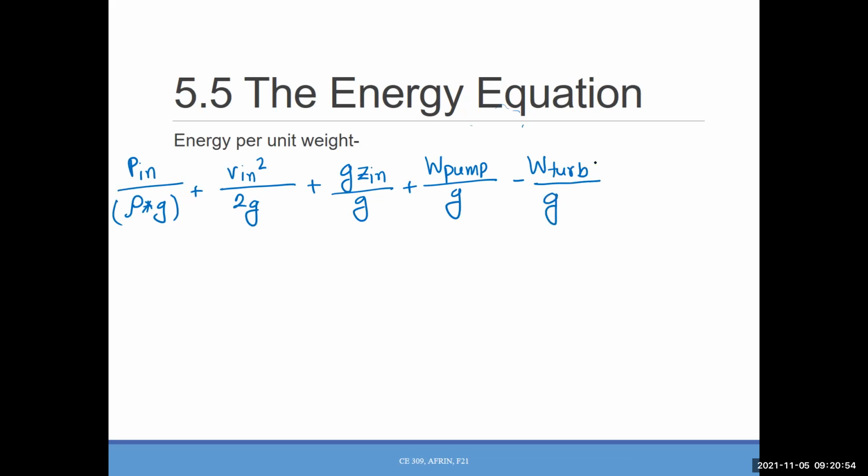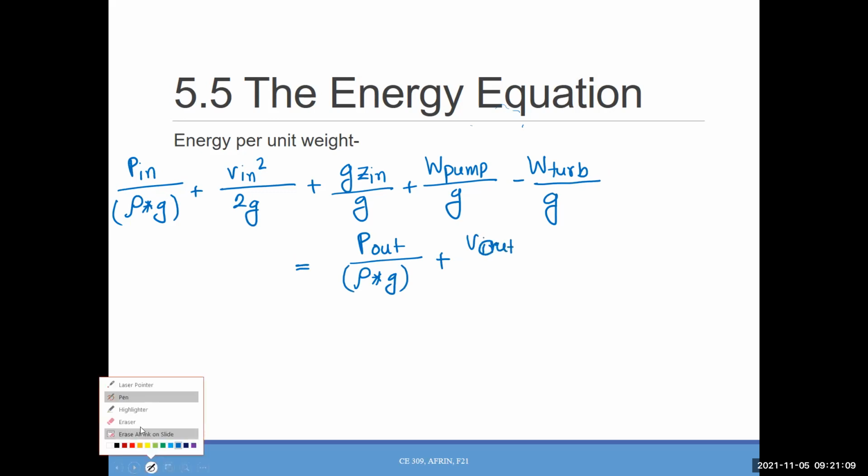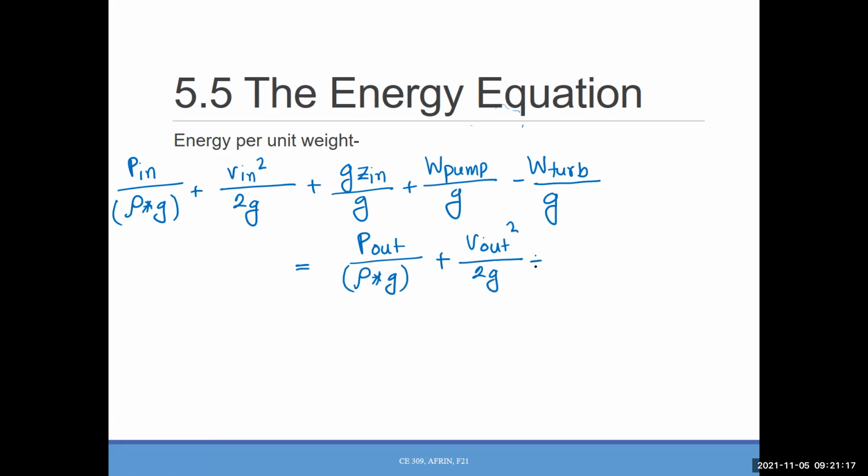So turb means turbine, I just made it short. Equals to rho out, right? Now we know energy per unit weight is actually called head.